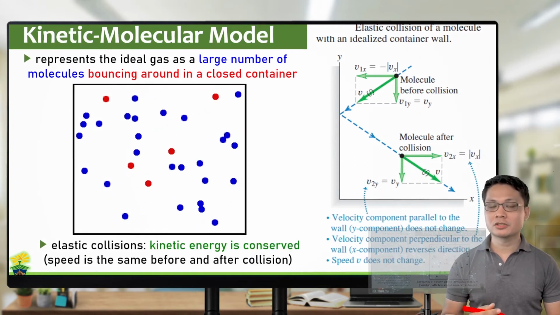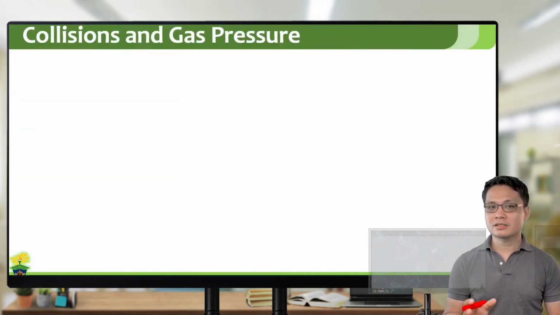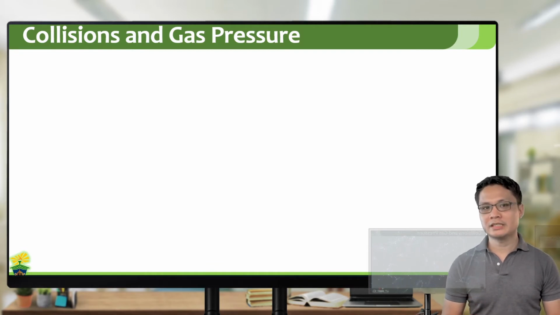Speaking of collisions, this particular behavior of the idealized gas model gives rise to some other properties of the gas, such as pressure and temperature.